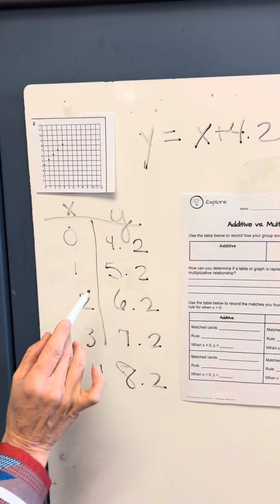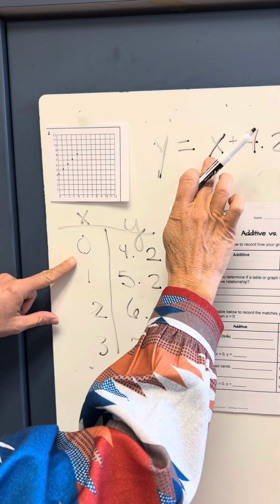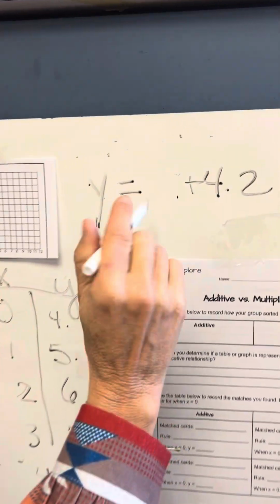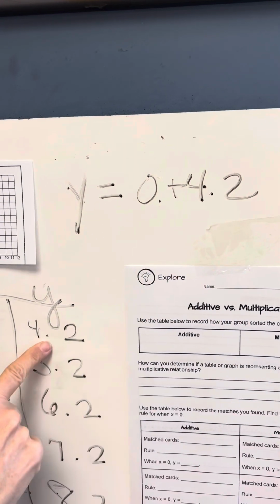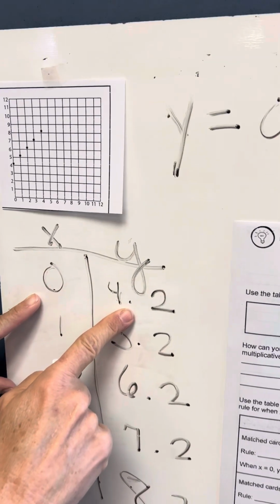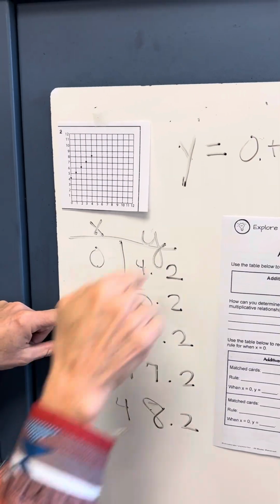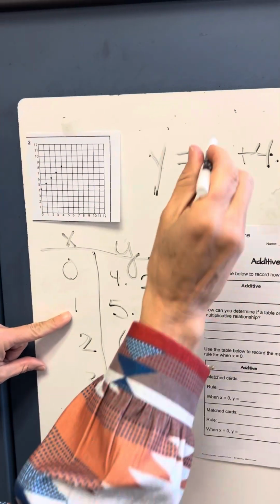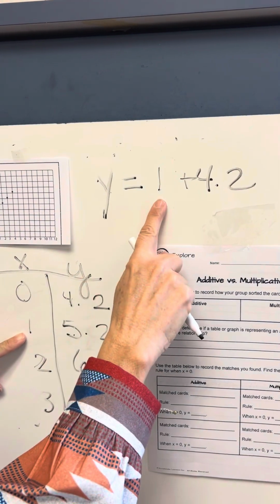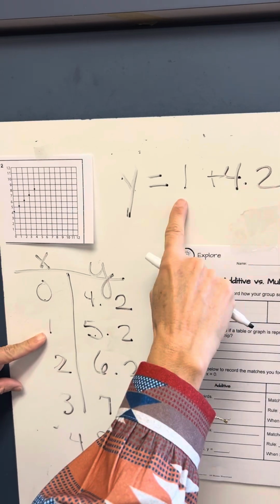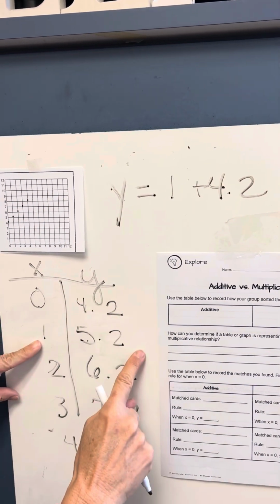X plus 4.2. So let's see if the rule is true by placing the x and y coordinates in our rule. Let's start with 0. When I put 0 in for the x value, 0 plus 4.2 is the y value, 4.2. So that is correct. Let's move on to the next value. When x is 1, 1 plus 4.2 is 5.2, so y is 5.2.